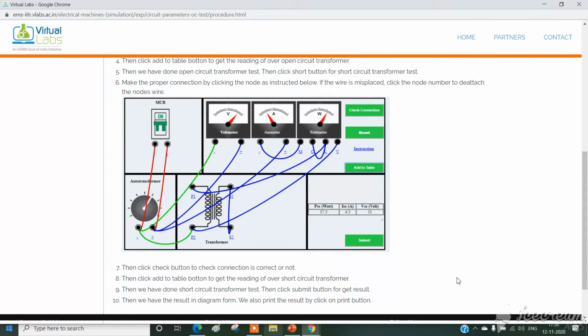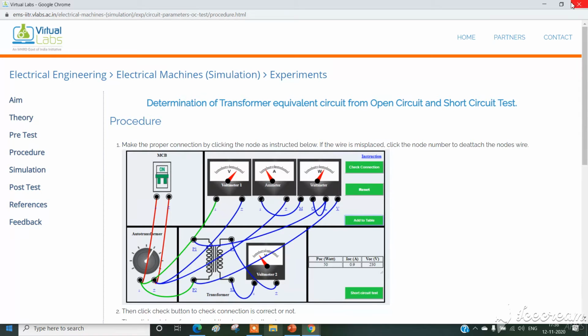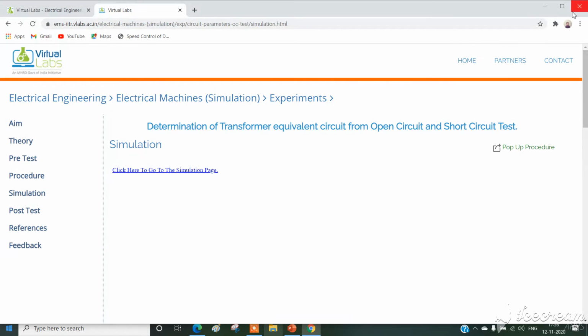The procedures are given: one is corresponding to open circuit, another is corresponding to short circuit. So now we will start with open circuit. Simply click here to go to the simulation page.